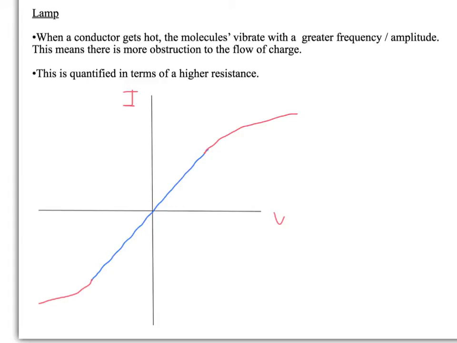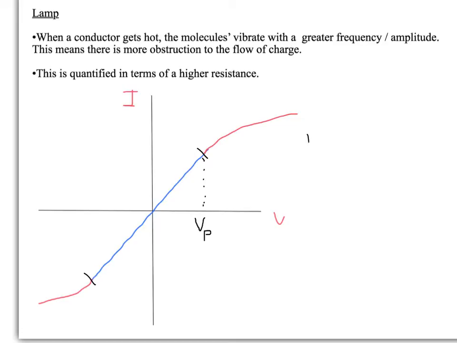Exam questions on this topic tend to be a 2-mark type, simply because they're expecting you to split the graph into two sections. So what they're looking at is the significance of this point here.